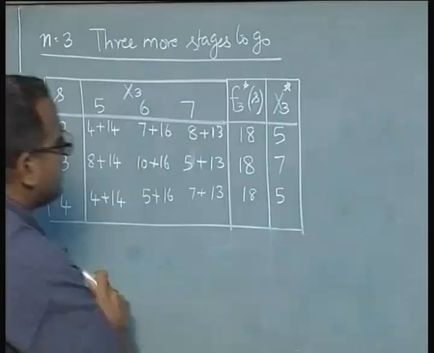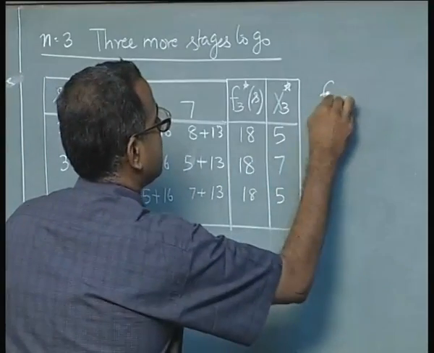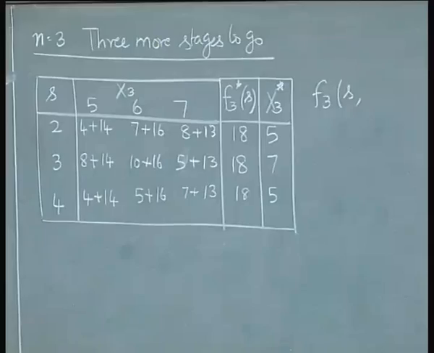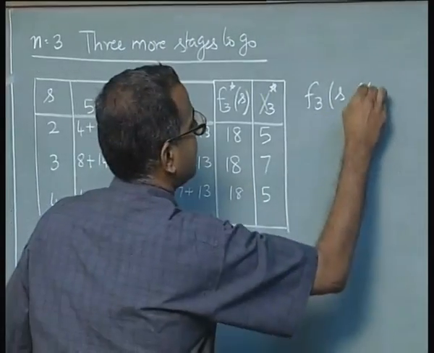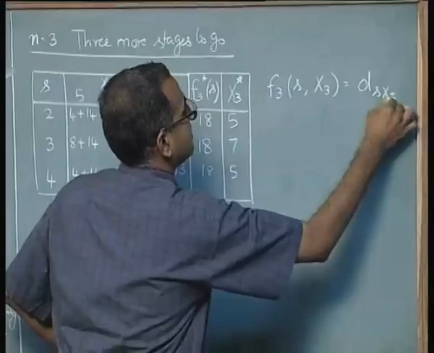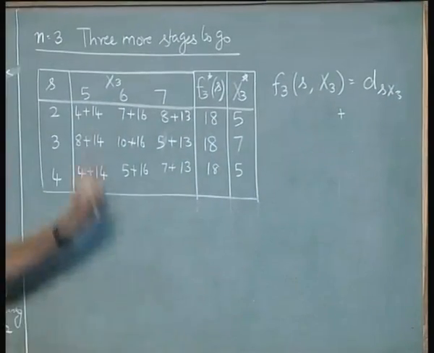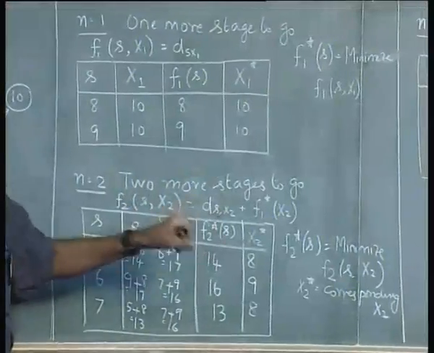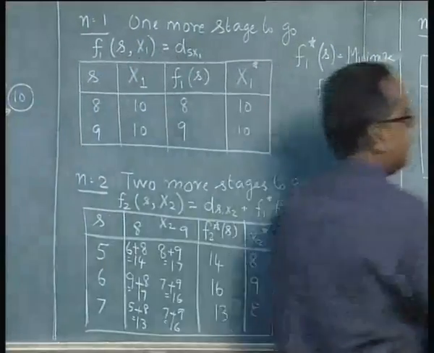Now we also have to write down the equations. So F3, 3 more stages to go, I am at state S and I decide to go to x3. Now this will be d of S x3 plus, we go back to the previous stage and find out the best value, so F2 star of x3.